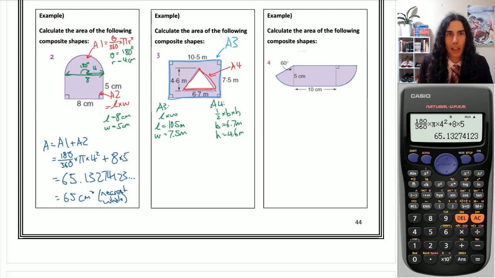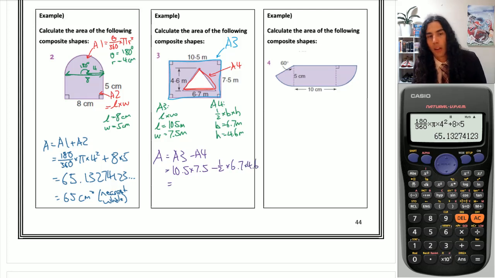So we can say single step area equals A3 minus A4. A3 is 10.5 times 7.5 minus half times 6.7 times 4.6.